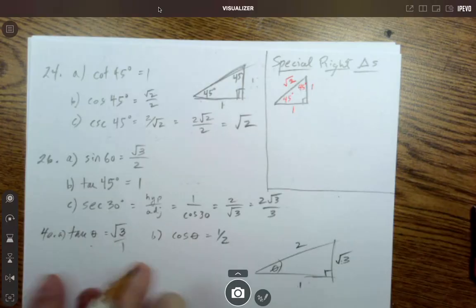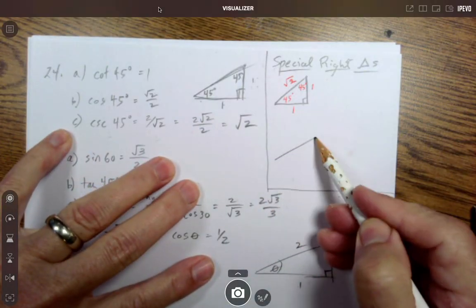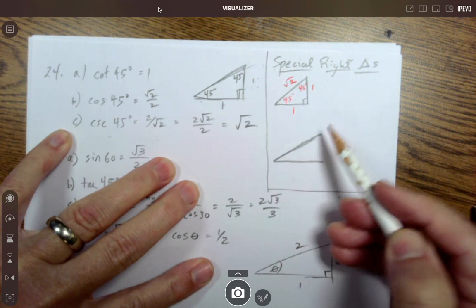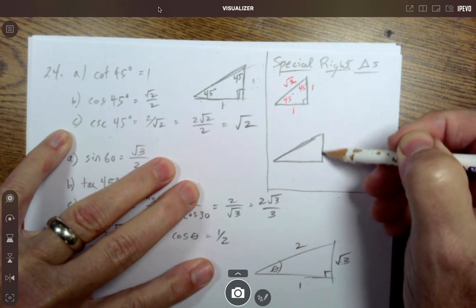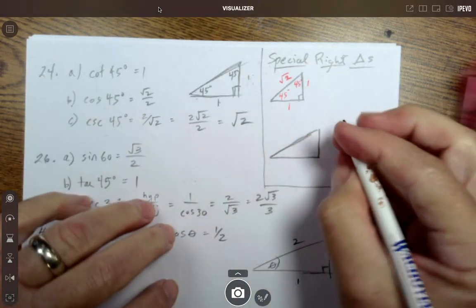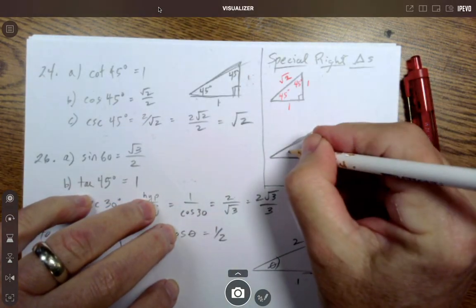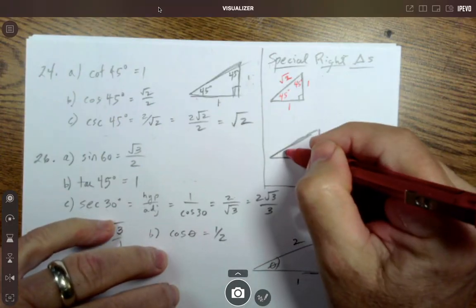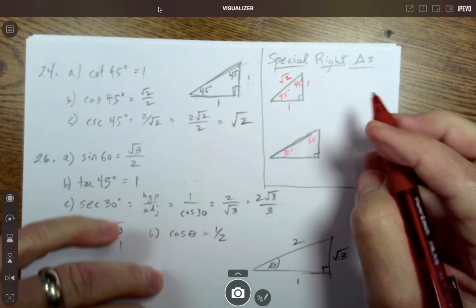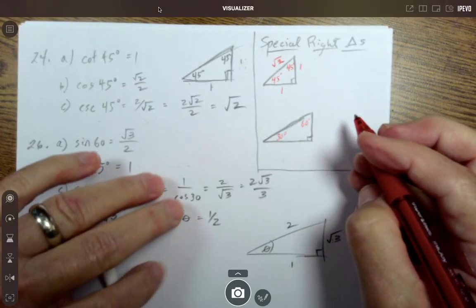The other one is the 30, 60, 90. Let's do that. Where this is 30 degrees. This is 60 degrees. Okay, so here's the way this works.